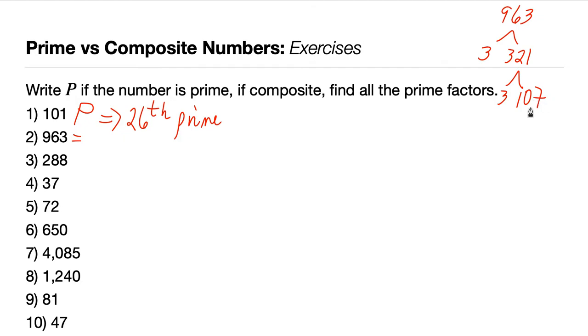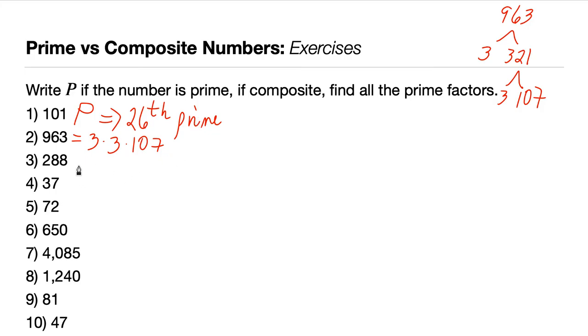It's not divisible by 3, 4, 5, 7, 8, or 9. So let's consider that 107 is prime. The prime factors are 3 times 3 times 107.